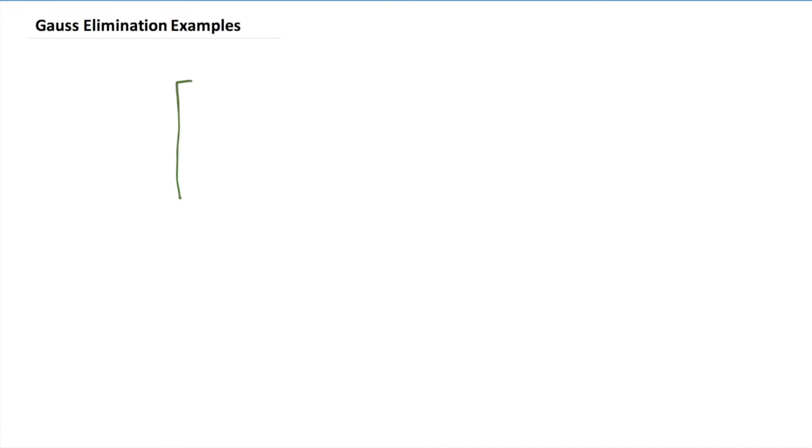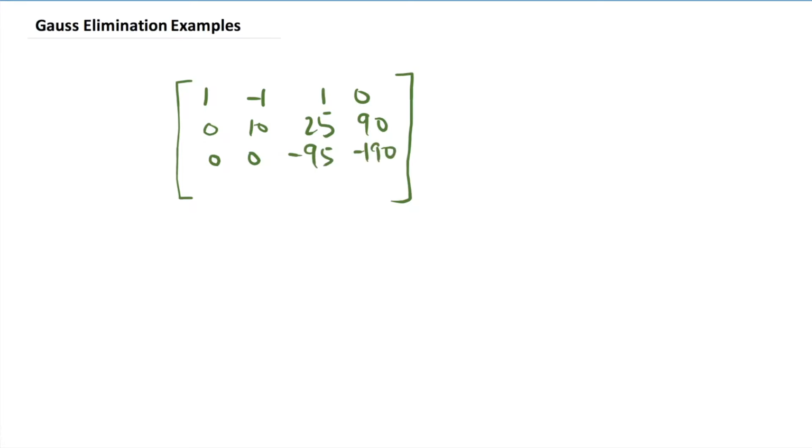So it was reduced to the following form: 1, -1, 1, 0, and 0, 10, 25, 90, and 0, 0, -95, -190, and 0, 0, and 0. So this form has a special name, and it's known as the row echelon form.